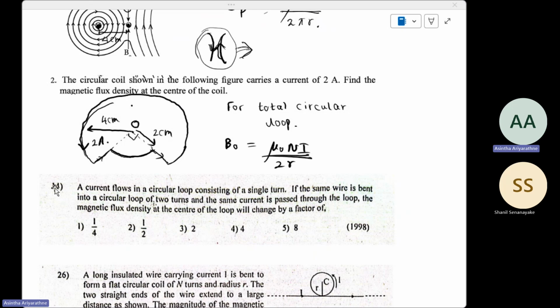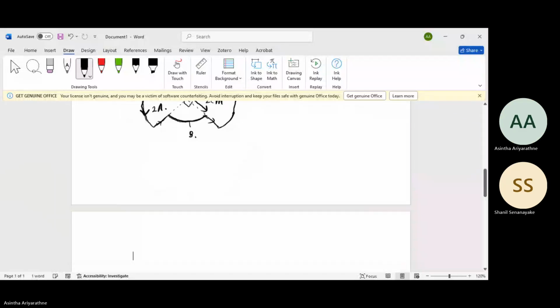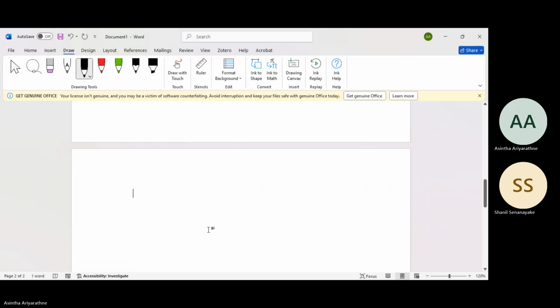Here the number of turns is 1. N is 1, capital N. So the total magnetic field at the center is due to the magnetic field of segment A and the magnetic field of segment B.